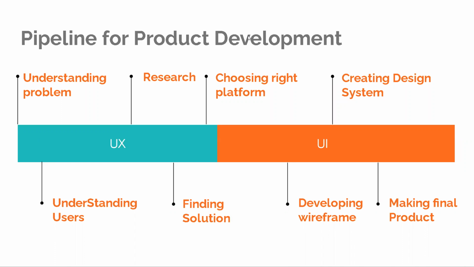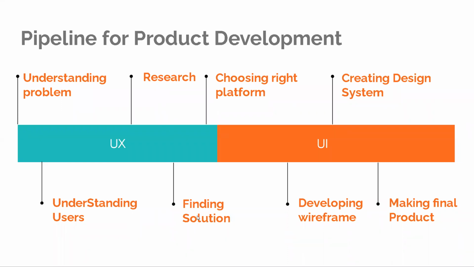So we are understanding the user here, what they need. They need instant booking of any car. So we'll research how we can solve that problem, and what approaches we can take to solve it.